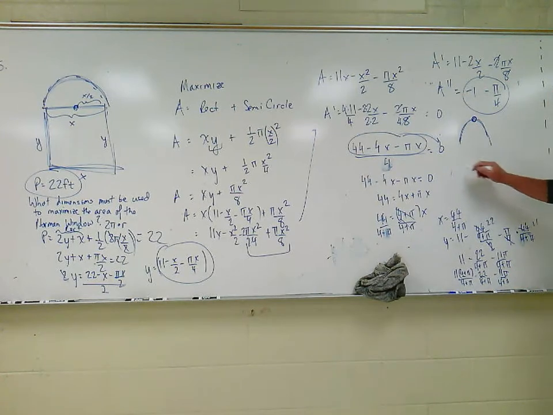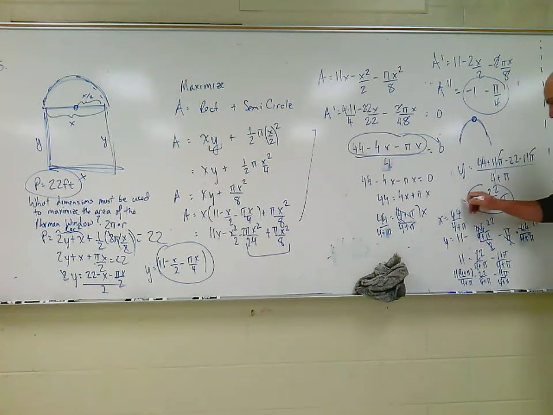So I have 44 plus 11 pi minus 22 minus 11 pi, all over 4 plus pi. Well, that works out nicely. 11 pi's cancel, and I'm left with 22 over 4 plus pi. And there's my y, and there's my x. And there's the algebra that goes with it. And that's why I said this problem is difficult, because of the algebra.